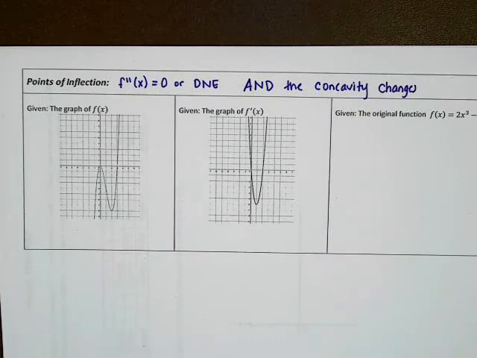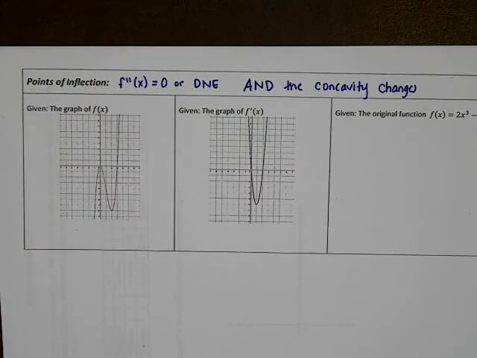So there are going to be times where your second derivative is equal to 0 or does not exist, but your concavity doesn't actually change there from positive to negative. In order to be a point of inflection, the concavity has to actually change. So it has to change from positive to negative or negative to positive.